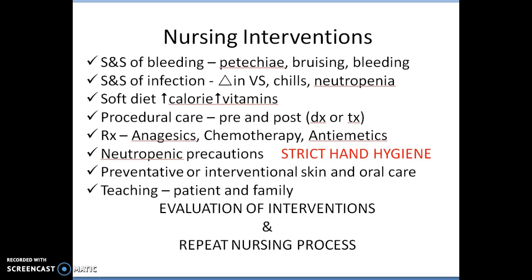If they are in chemotherapy, we're going to monitor them for nausea, vomiting, diarrhea, the stomatitis, the alopecia, skin reactions, bone marrow depression. They could possibly have a radiation or radioisotope therapy as well. So we're going to teach our patients about these issues and the family members.